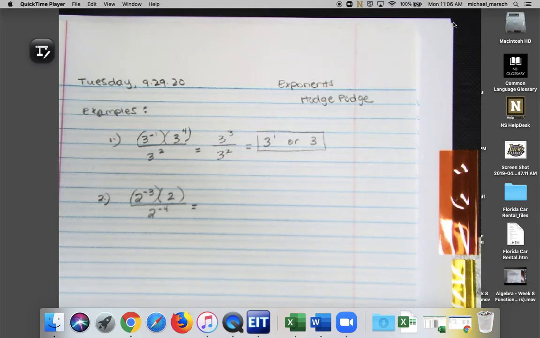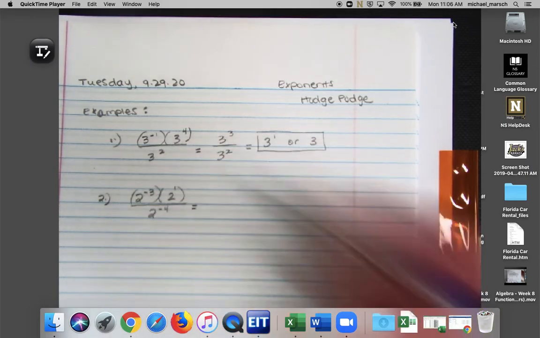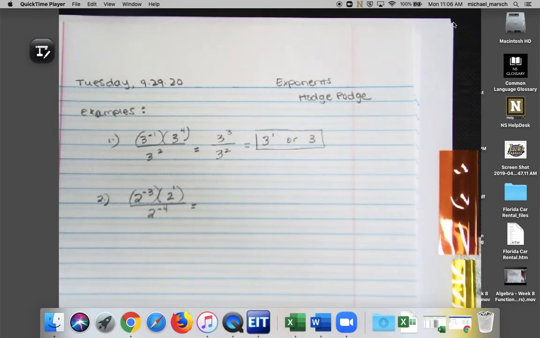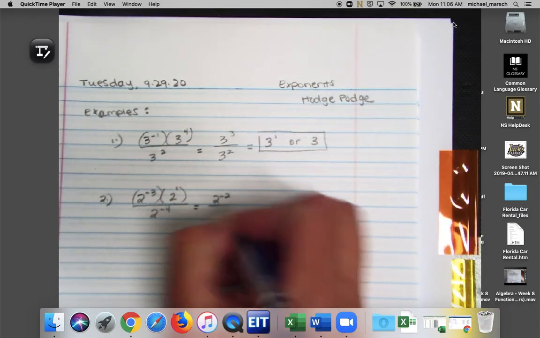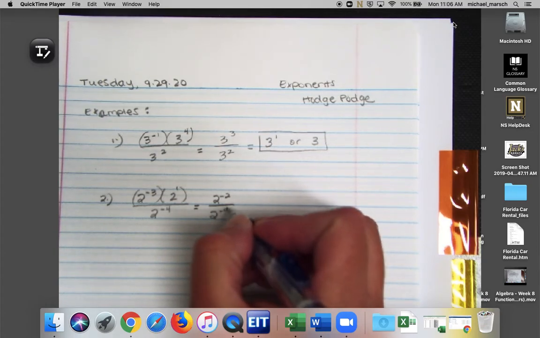What should I do first? Alana, what do you think? Close. Remember there's that secret 1 hiding right there, right? Yep, because negative 3 plus 1 is going to give me 2 to the negative 2. And then I just bring over the negative 4.